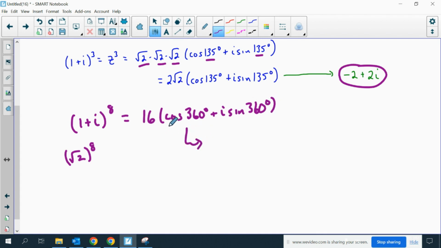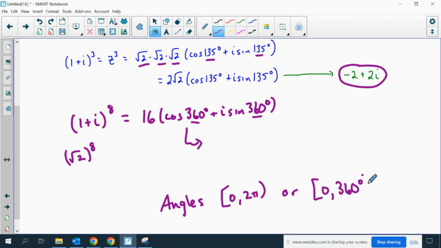Now, I can't write this as 360s. I would have to write them as 0 because I want my angles to be between 0 and 2π if I'm doing it in radians, or 0 and 360 if I'm doing it in degrees. So I'd have to write 16 times (cos 0 + i sin 0).